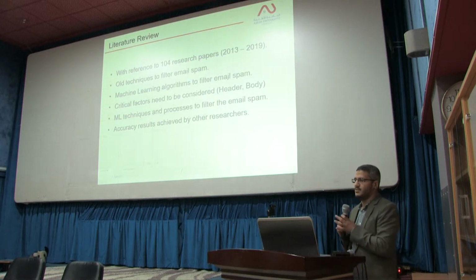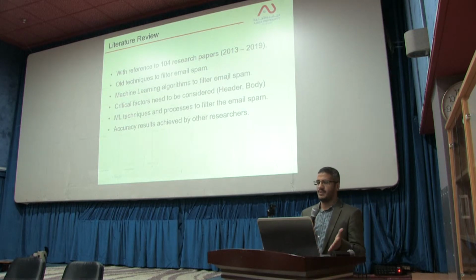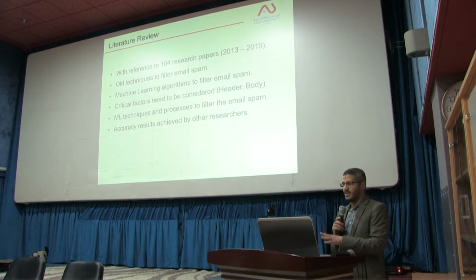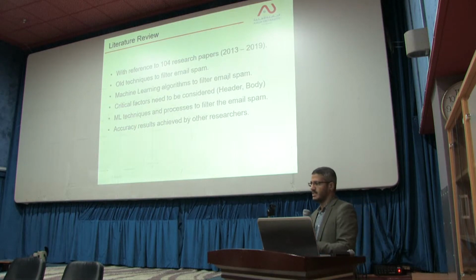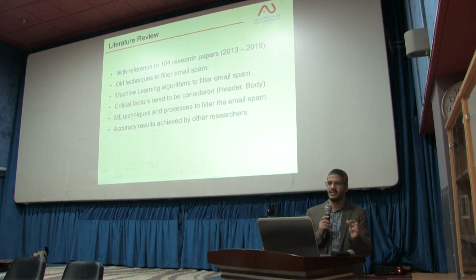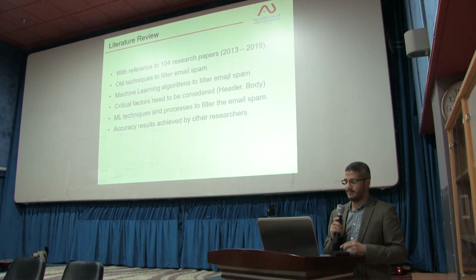With reference to 104 research papers from the period of 2013 to 2019, we discovered that there are people who still use access rules or blocking IP or searching for a specific word to block the email.